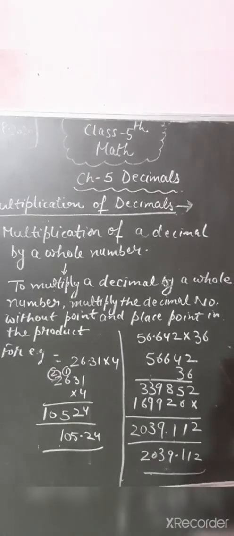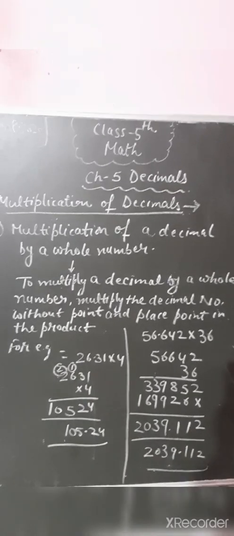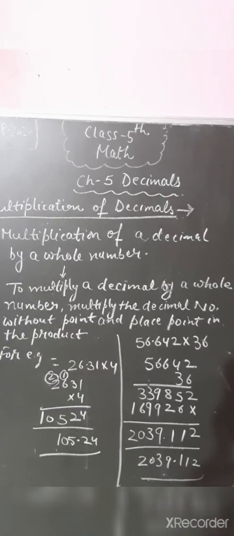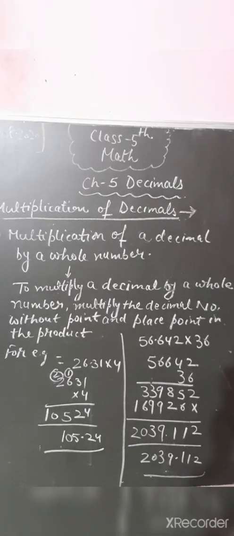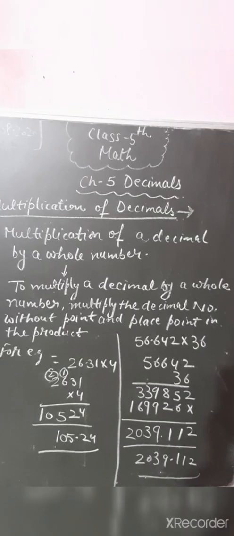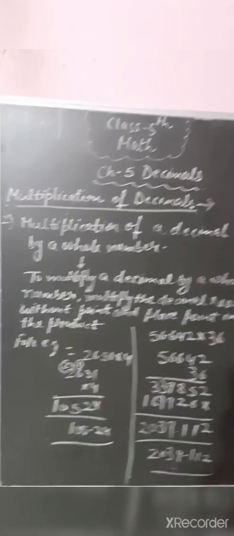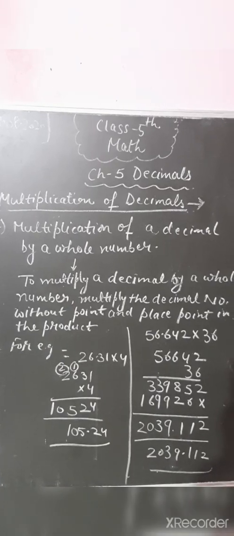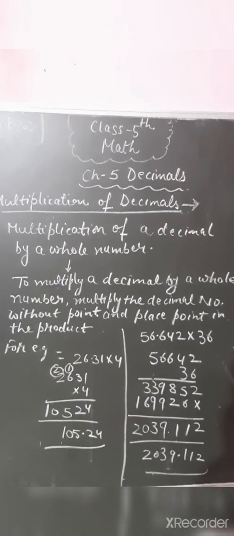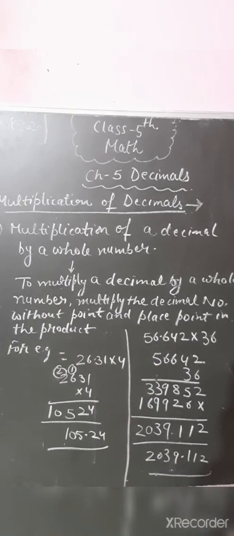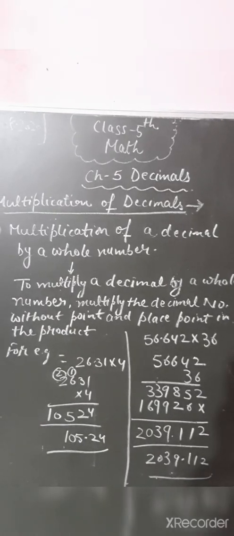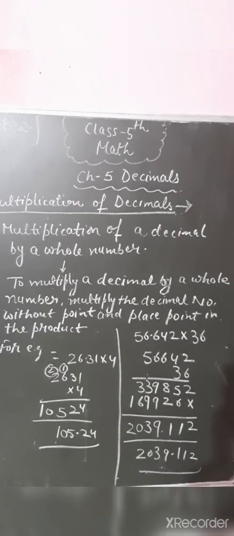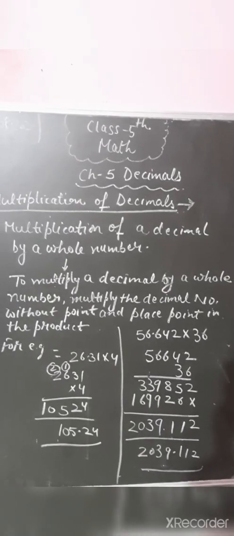First of all, we multiply the number without the point, and after that in the product, whatever you get, place the point. For example, 26.31 multiplied by 4. The point is not there, I have kept the number as it is, 2631 multiplied by 4. I have multiplied, and the answer I got is 10,524.